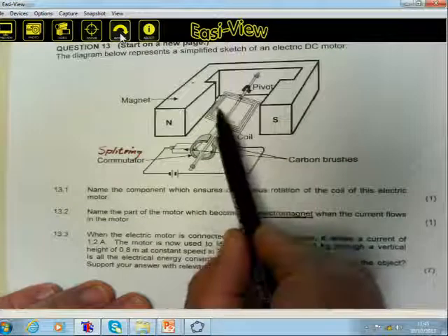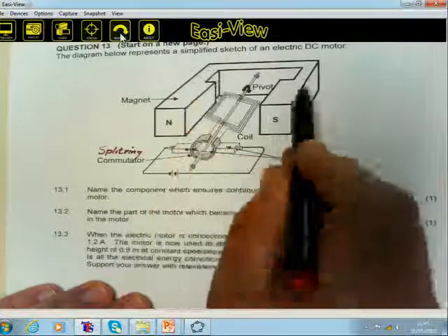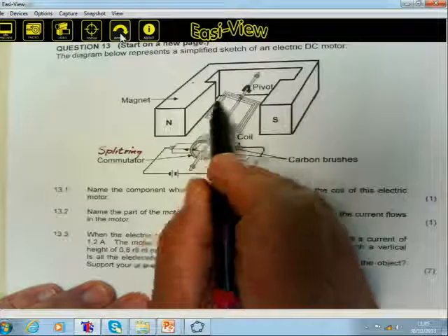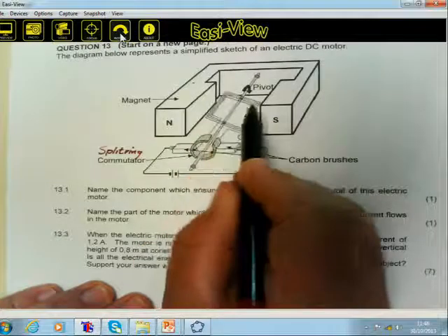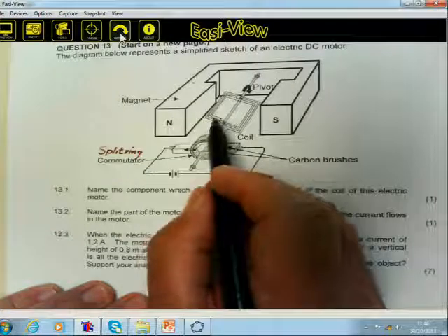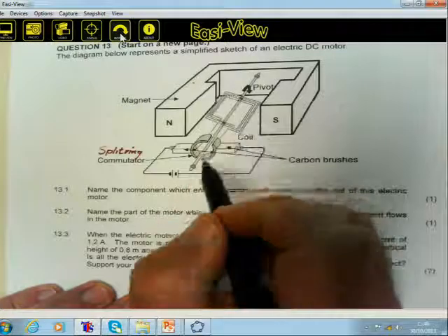Why does this coil rotate? That is a question. You have a permanent magnet, so why does this copper wire, copper doesn't experience the influence of a magnetic field on its own, so why does this copper wire experience a force?